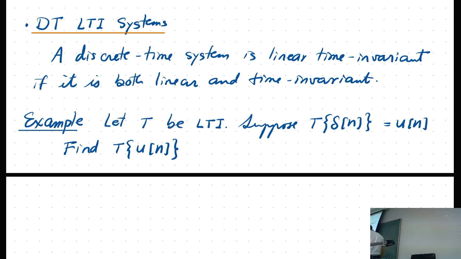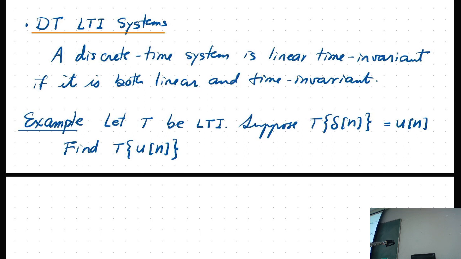Okay, first you have to understand what is going on here. There are three pieces of information in this example. The first information is T being a linear time invariant system. So whenever you see this sentence, you have to know that two conditions apply.